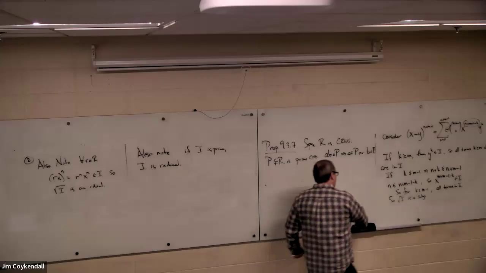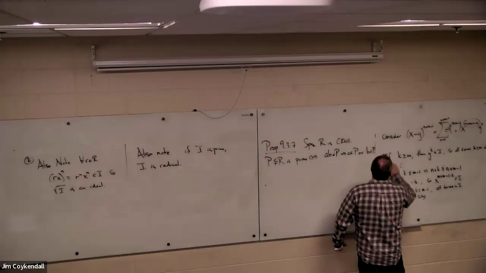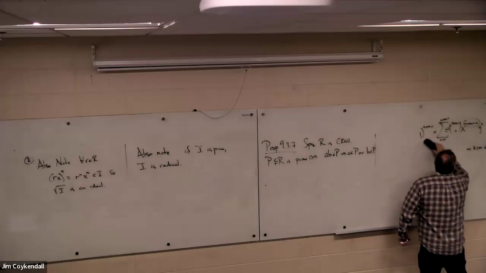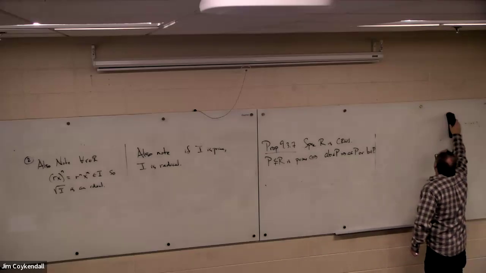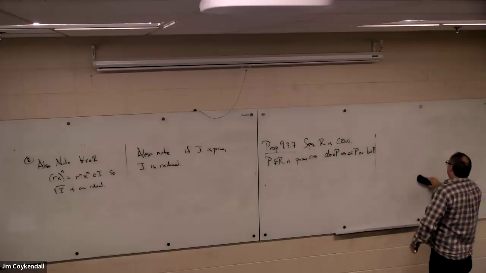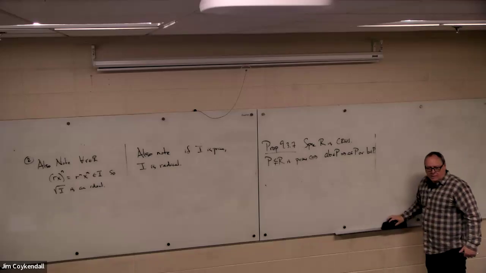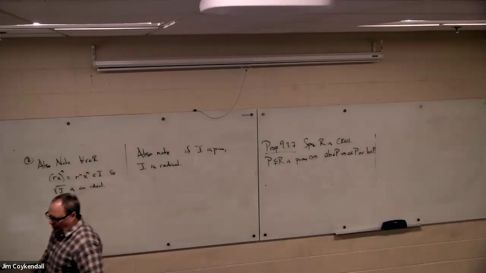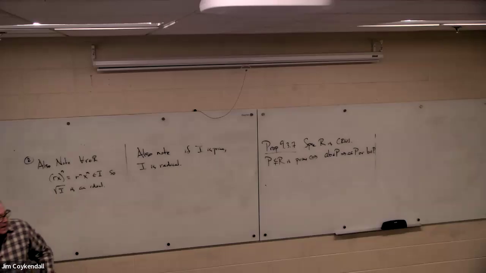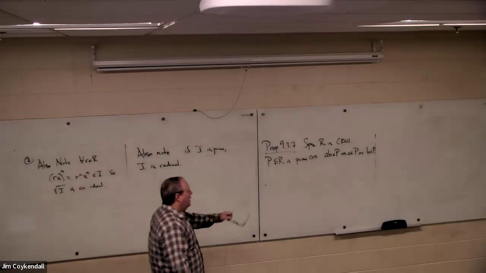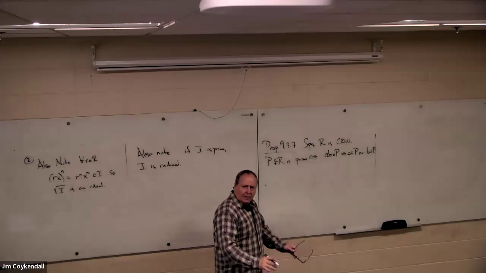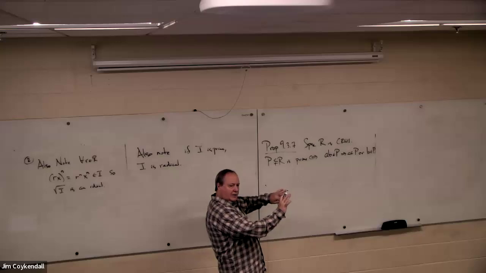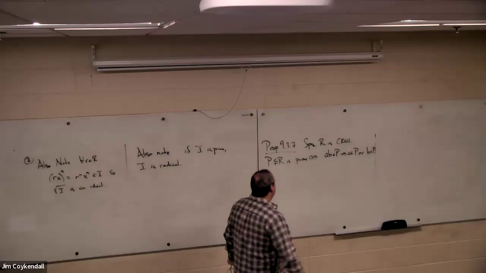Okay, so let's prove this one. This is a lot easier in practice to use than the clunky actual definition of prime, where if P contains the product of two ideals, it has to contain one of the two ideals. If you're in the case of a commutative ring with one, this is easier, because to test if it's prime, just check if any product of two elements is in the prime, then one of them is in there, and that's what it means.